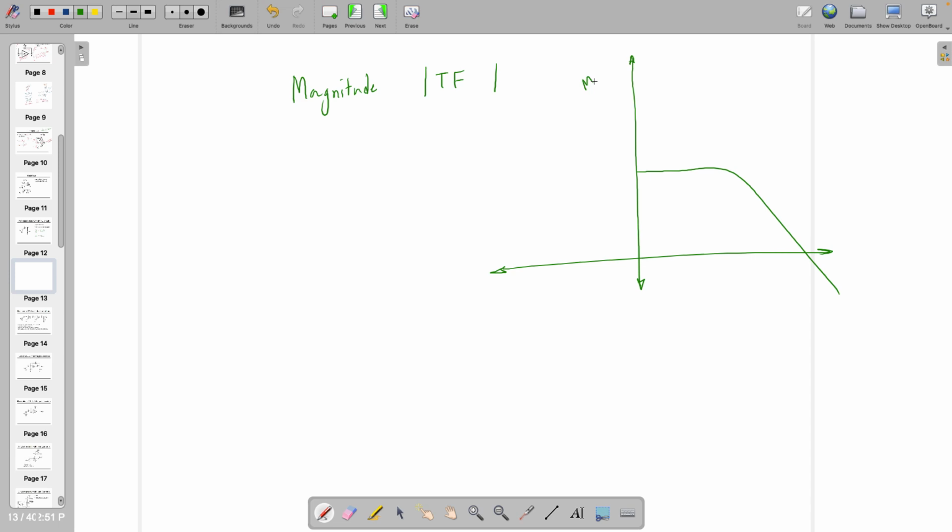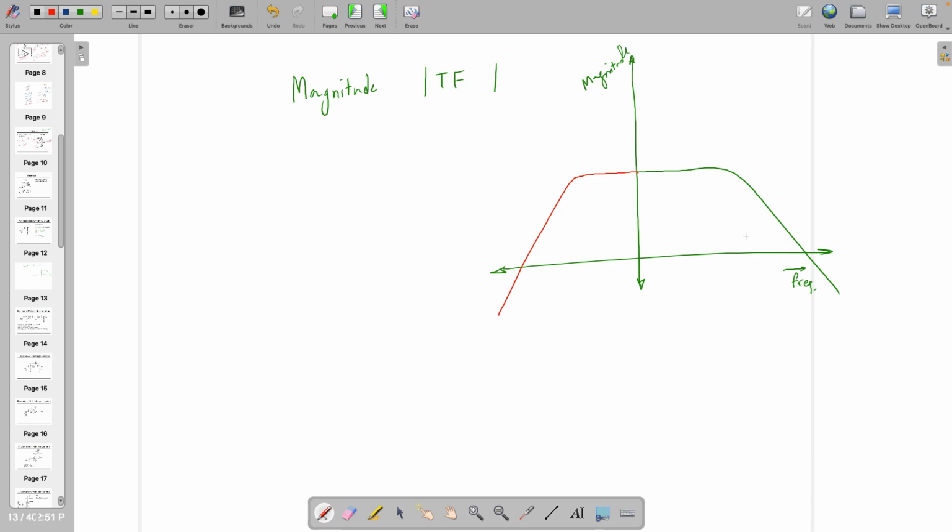Somebody can comment on what should be at the left side. How should the frequency response look if the frequency is negative? It has to be identical.